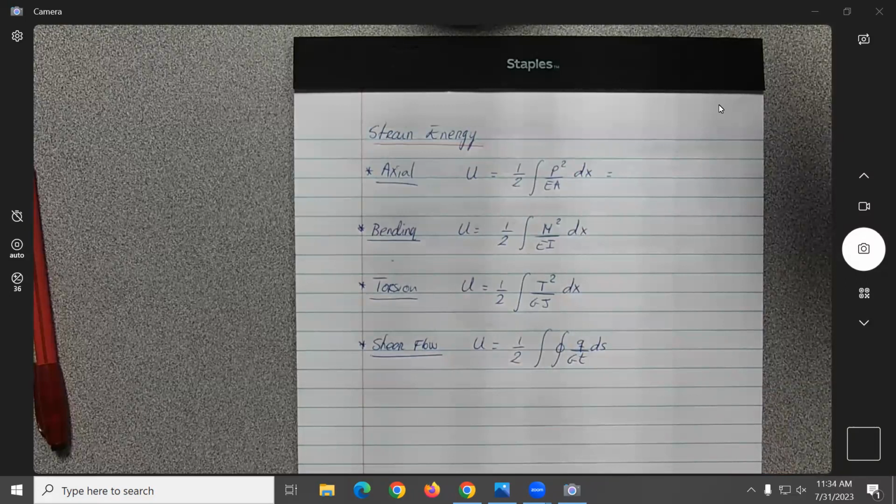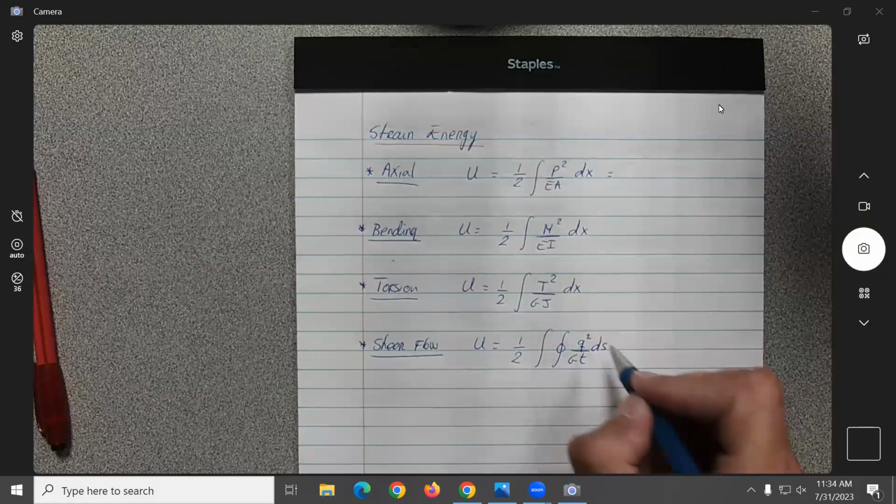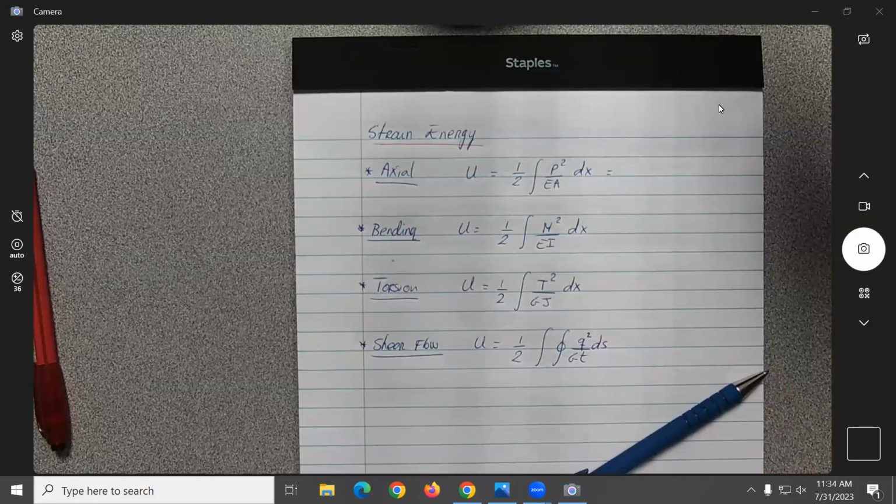For shear flow, what do we have? Should be the last thing we wrote, huh? Or the q squared, yeah, that might be. And then what's dx? I mean, we'll probably go back and find it, but is it dx? Okay.